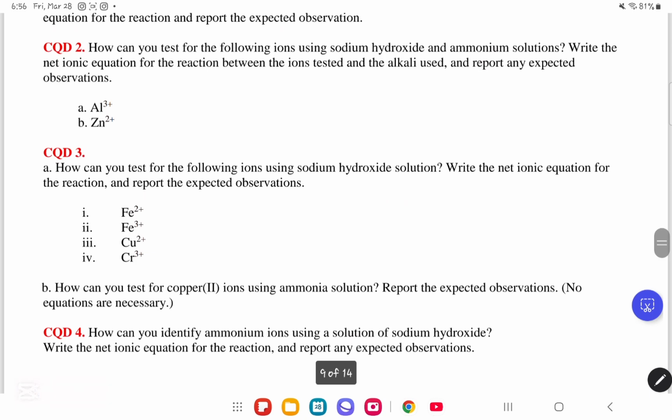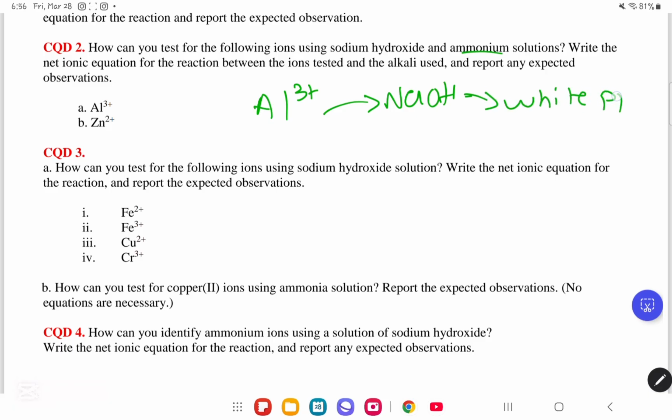We will now move on to CQD number 2. In CQD number 2, they said, how can you test for the following ions using sodium hydroxide and ammonia solution? What we need to know is that Al3 plus, when it reacts with NaOH, will produce a white precipitate that is soluble in excess.